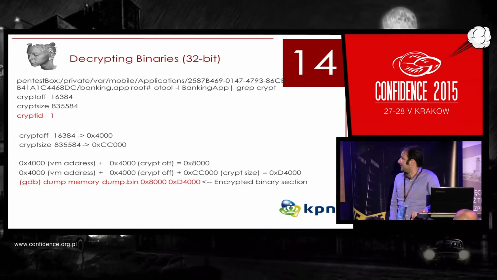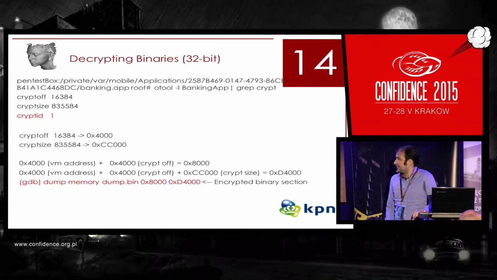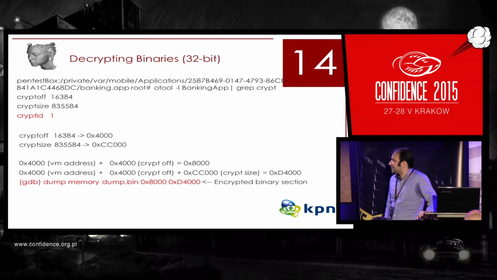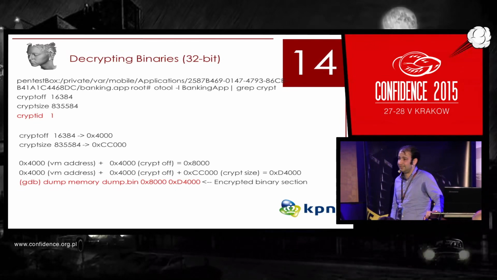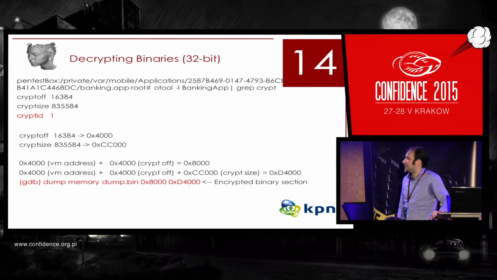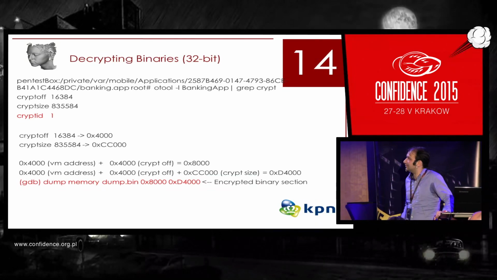iOS binaries implement the encryption ID to protect executables from piracy. So the consistency and integrity are checked by the encryption. It is a section in the executable. When we used to deal with 32-bit applications in the iOS environment, we simply used otool and then found the encryption section.